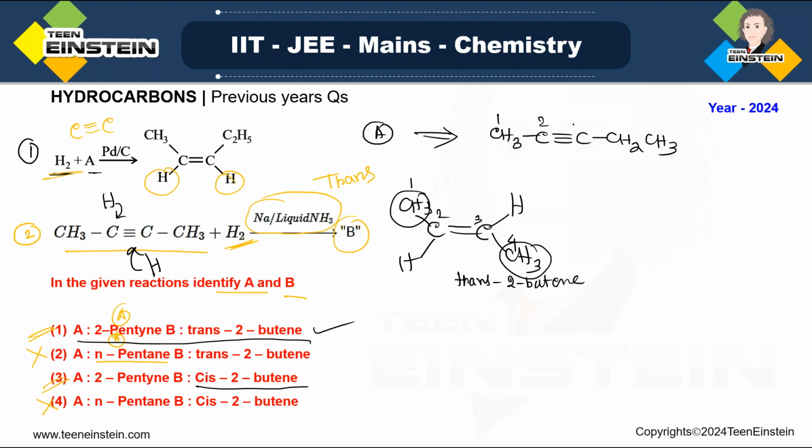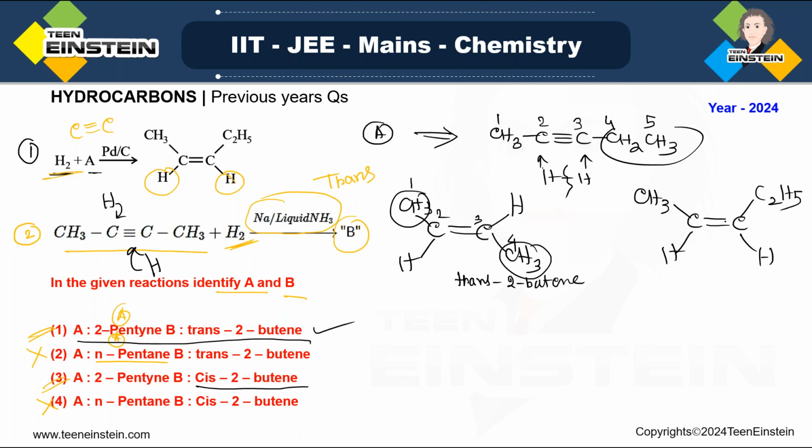So it is 2-pentyne, 1, 2, 3, 4, 5. And when both the hydrogens are added from the same side, now CH3, C double bond C, this part will be C2H5, and this is H, H. So this is our structure of A. Okay, the first option is the correct option.